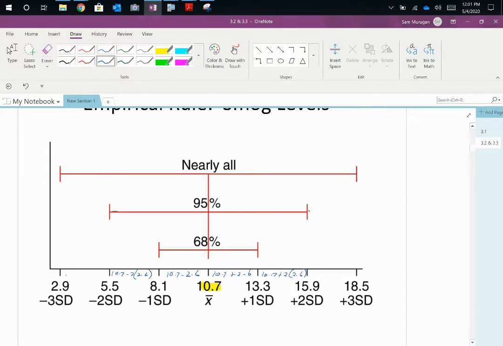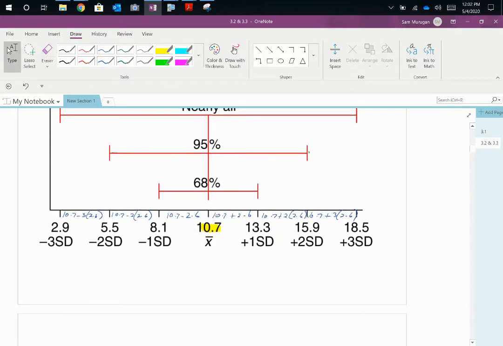And if we went 3 standard deviations out, that would be nearly all of the data. 10.7 plus 3 times the standard deviation would take us all the way out to the end of the spectrum.